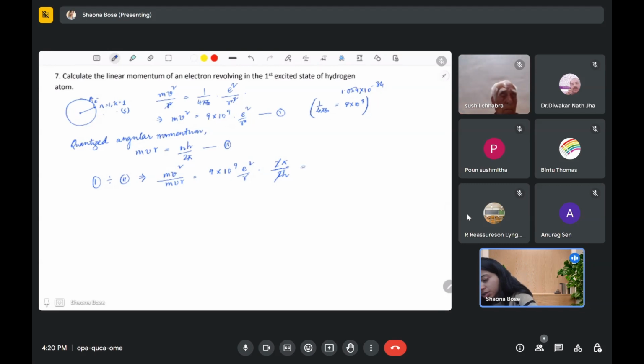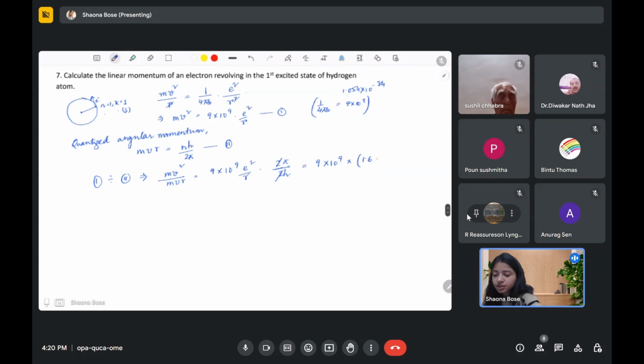Cancel. So let us put in the other values. Into e square, 1.6 into 10 raised to the power minus 19.